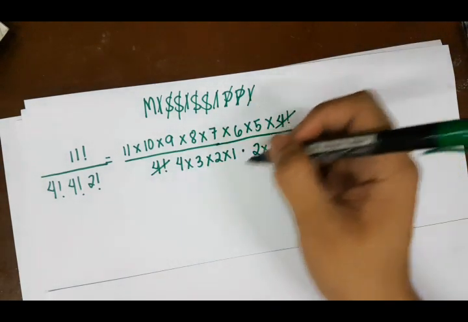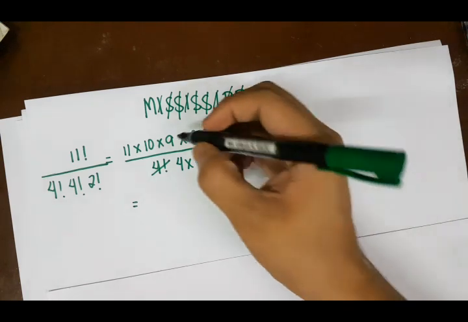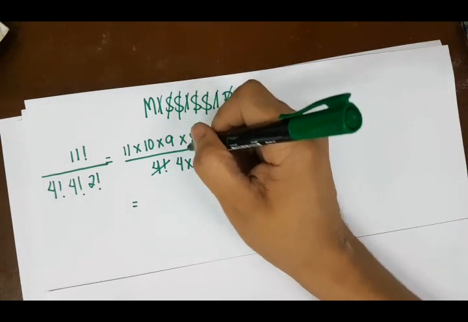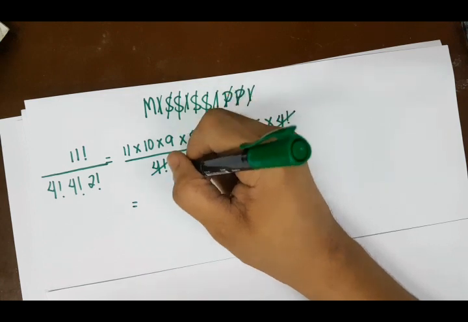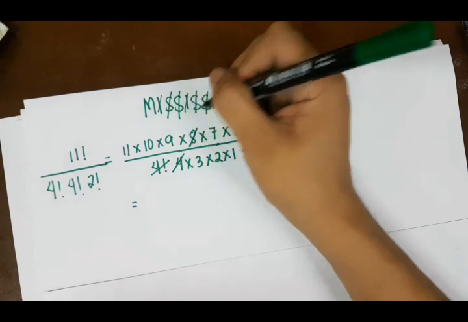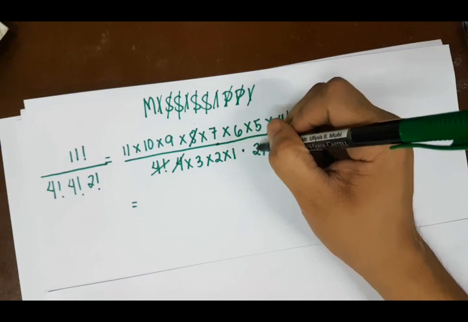Next. Looking at this example, observe that 8 and 4 can be simplified. So 8 divided by 4 is just 2. So we can cancel this. So we are left with 2. So 2 divided by 2 is just 1.